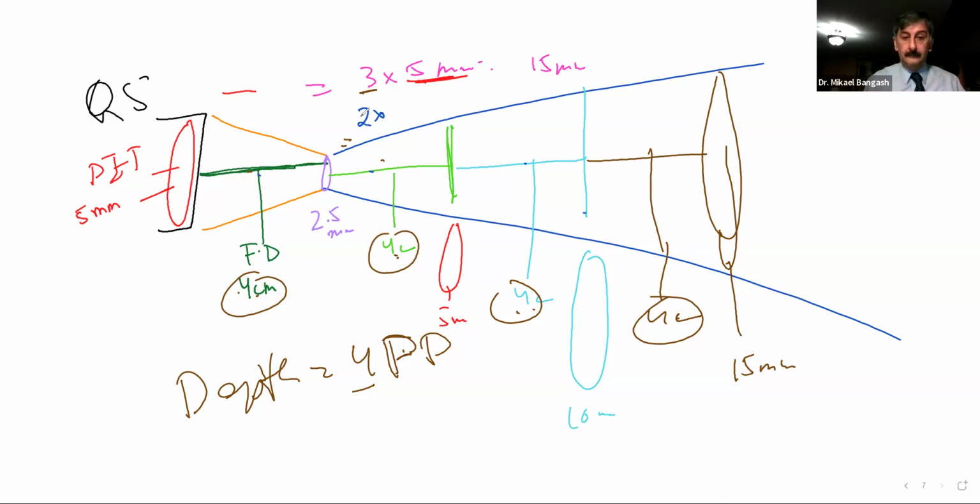That's going to be twice the size. So then you can say, okay, what is going to be 2 times 5? Now I've got 10 millimeters. Where do you have the diameter of the beam at 10 millimeters? At 1, 2, 3 focal depths, right?